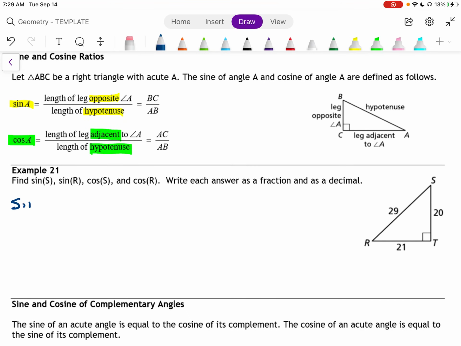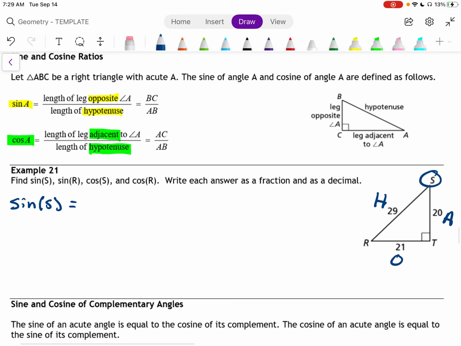We want sine of S. Well, from the perspective of S, this is the opposite, adjacent, and hypotenuse. So from the perspective of S, 21 is opposite, and 29 is the hypotenuse. I'll go ahead and write that as a decimal because I don't think that's going to simplify, and it would be 0.72.